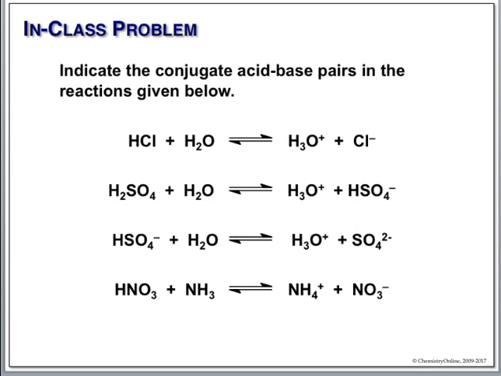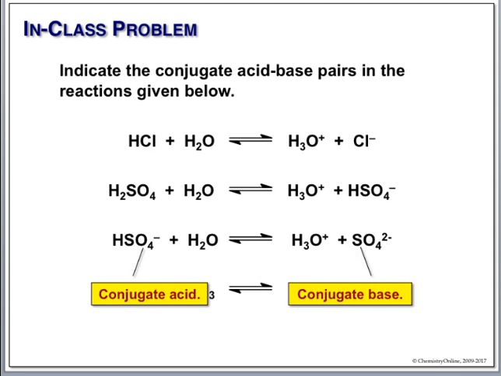Once we make hydrogen sulfate, it's diprotic, so we can do it twice. The acid in this case is going to be hydrogen sulfate. It's going to lose a proton and gain a negative charge. If we lose the hydrogen, we make sulfate, gain one more negative charge, we have sulfate anion. This is the conjugate acid, and this is the conjugate base.